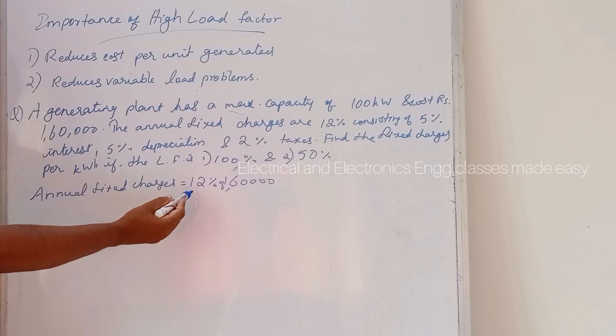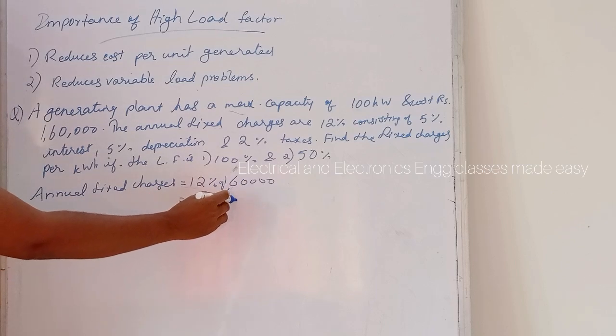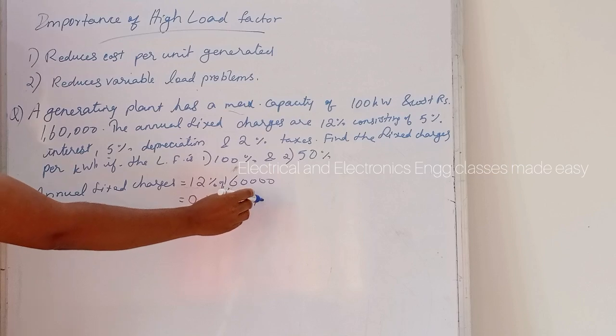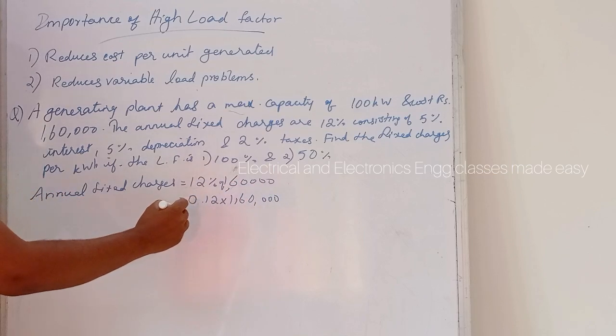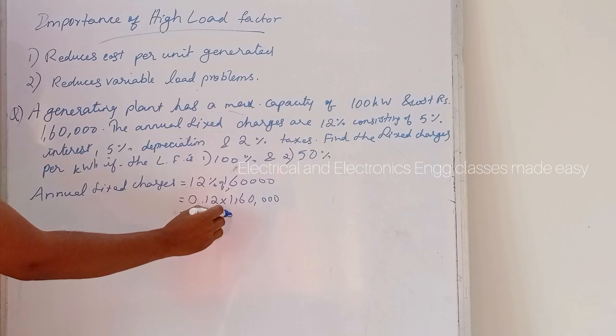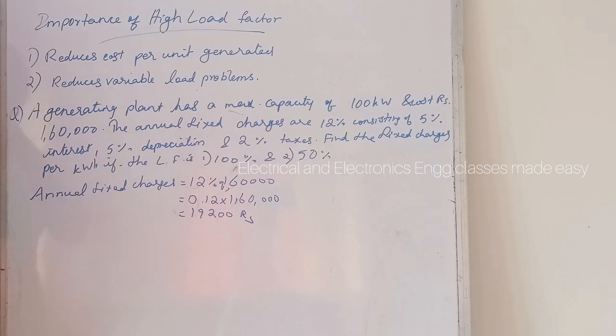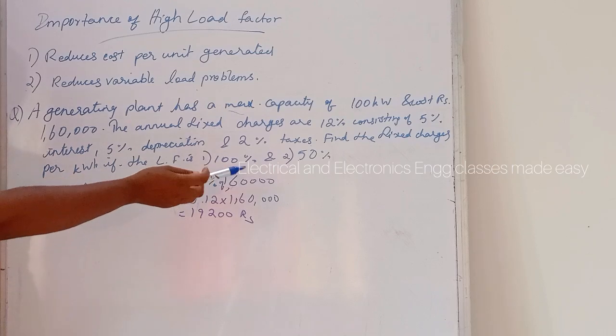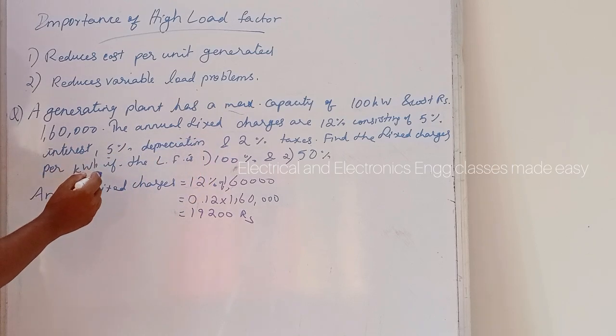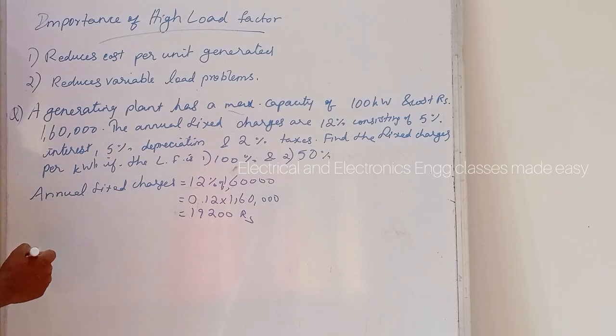That is 0.12 into 1,60,000, and that is equal to 19,200 rupees. Now we can find the fixed charges per kilowatt hour.